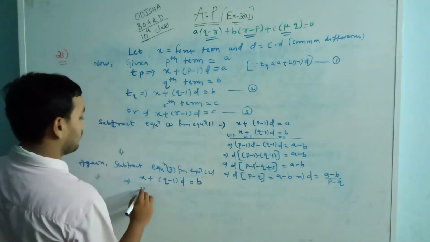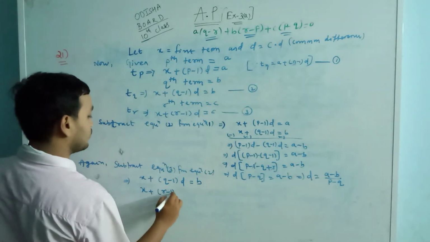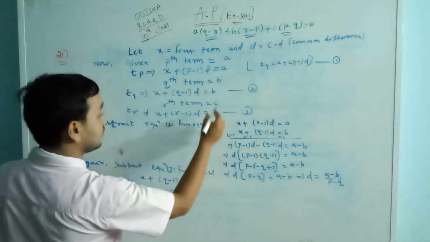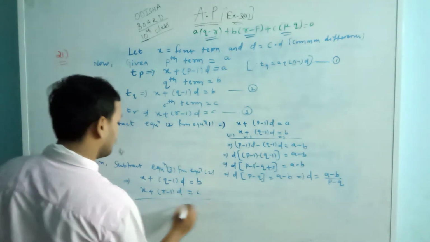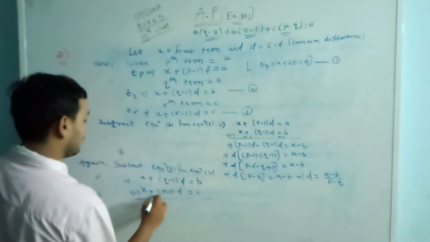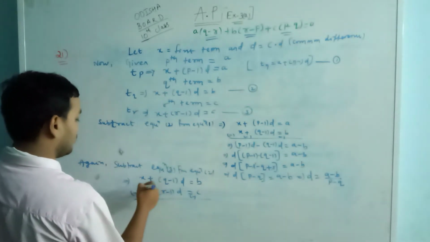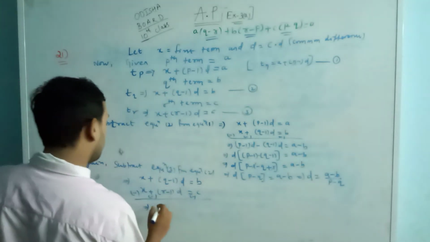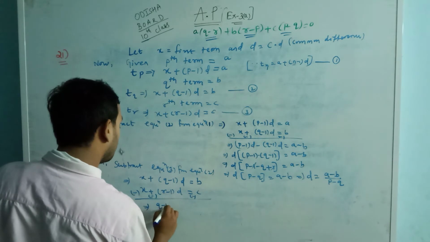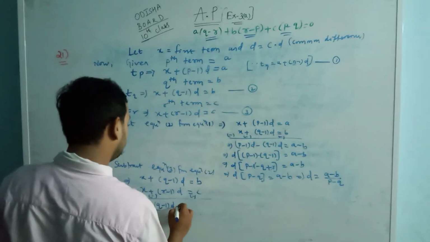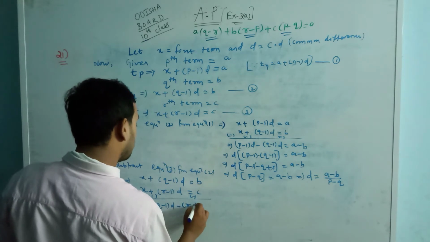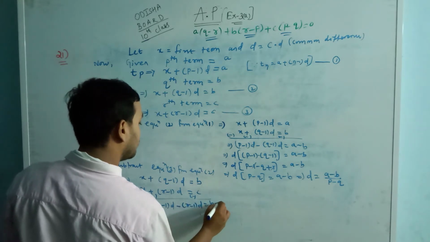B, x plus R minus 1 into D. This is what? C, subtract. This will be cancelled. Remaining what? Q minus 1 D minus R minus 1 D is equal to B minus A.